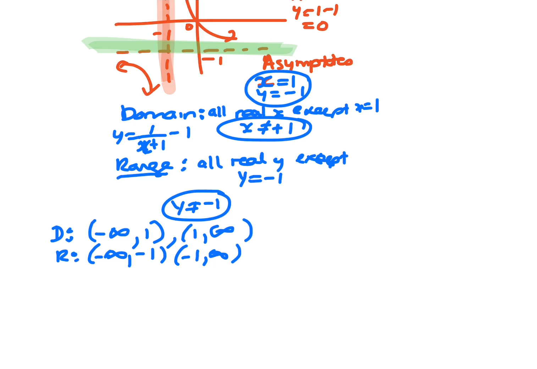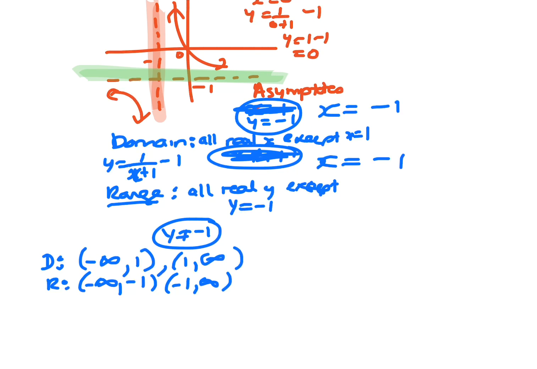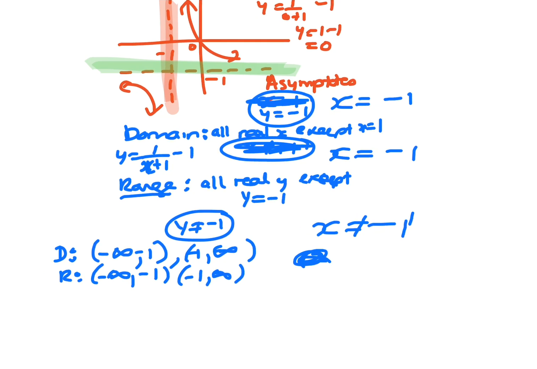So when you do the asymptote, x is minus 1, and that means x can't equal minus 1. So the domain will be minus 1 as well as the y is a minus 1. Sorry, my mistake there. So x can't equal minus 1. So it's going to be all x except that: minus infinity to minus 1 and minus 1 to infinity. And the y value can't equal minus 1 either.